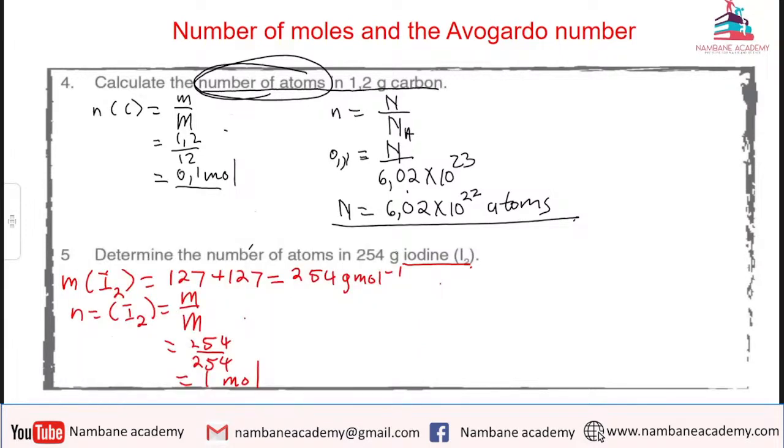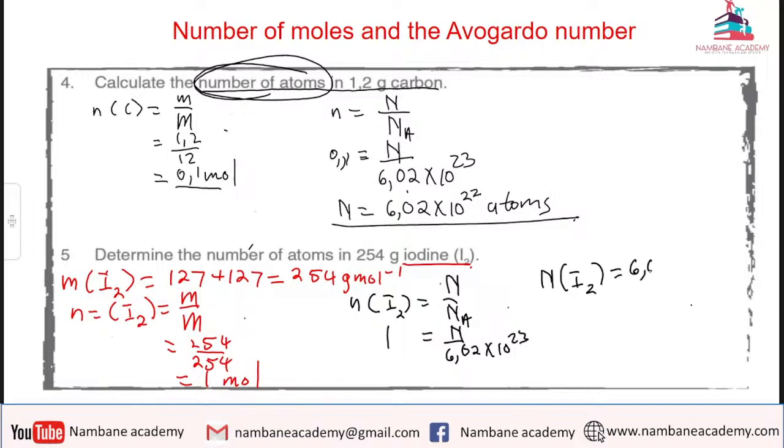Then N of iodine is equal to n times Na. This will just be 1 mole multiplied by 6.02 multiplied by 10 to power 23. Then the number of particles of iodine will just be 6.02 multiplied by 10 to power 23 atoms. Very, very important, ladies and gentlemen.